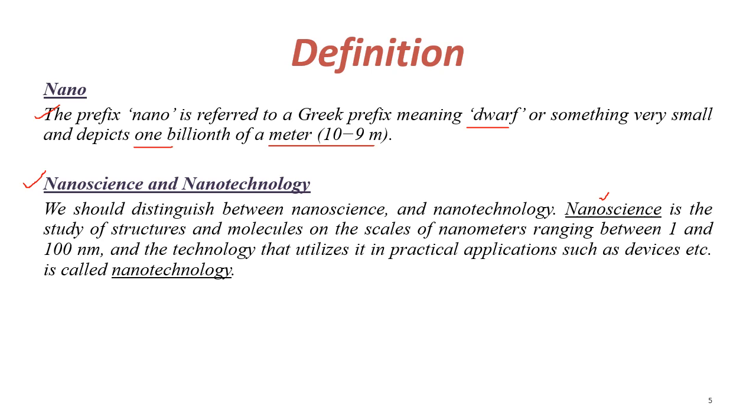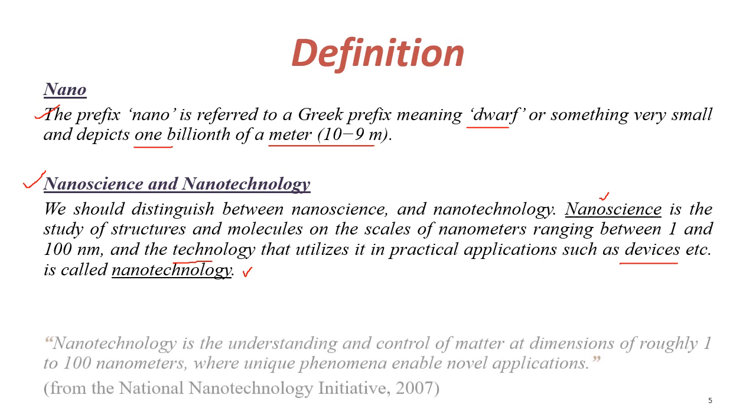So the study of these molecules is called nanoscience, and the technology which utilizes it in practical applications such as building devices or any other applications, that technology is called nanotechnology. So the utility of these nanoparticles and nanomolecules in a particular area, that area is called nanotechnology.